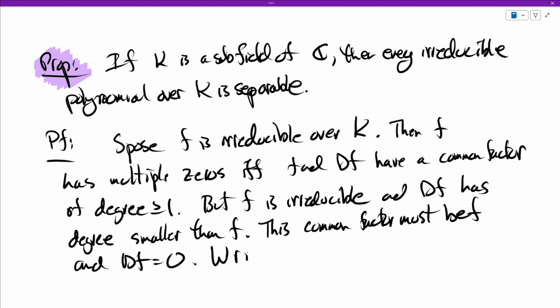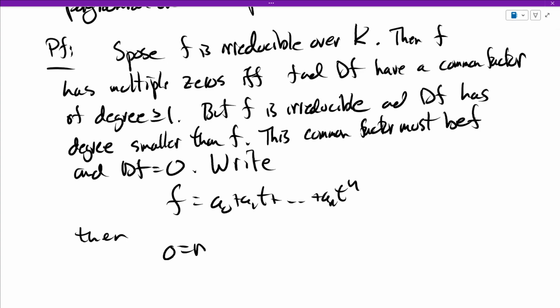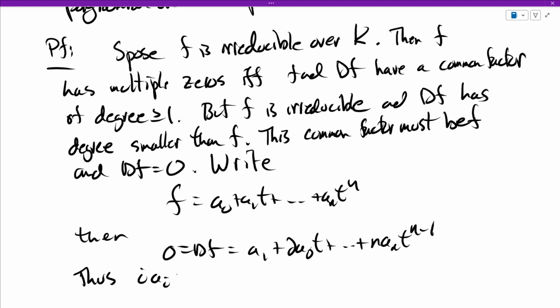Okay, so if we write f in polynomial notation, then df is 0. Okay, so this means that a_i is 0 for all i equals 1 to n, because that polynomial must be 0.